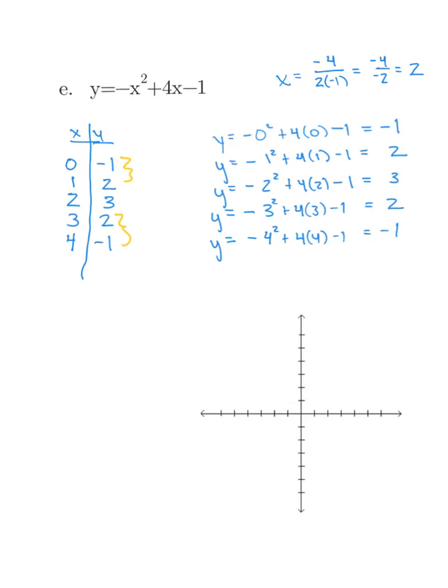If we graph this, I have (0, -1), (1, 2), (2, 3), (3, 2), and (4, -1). And so when I plot this, and when I connect the dots, we should end up with something that looks like this.